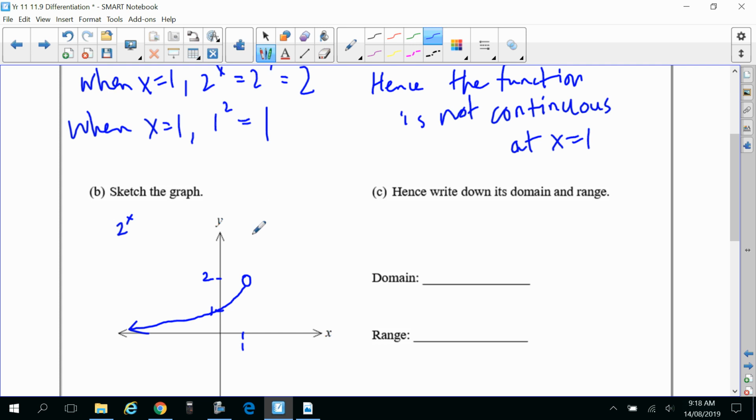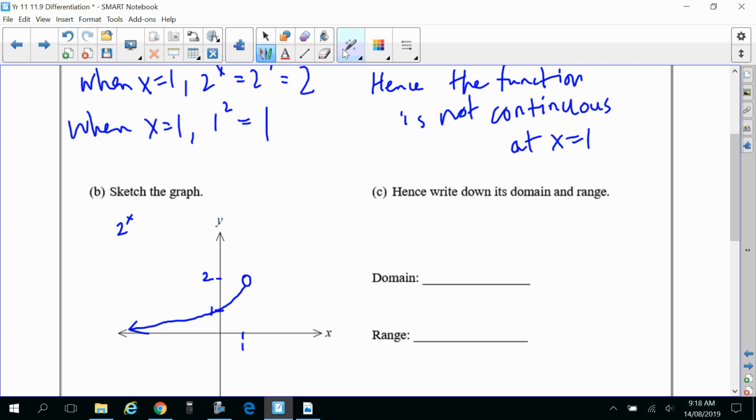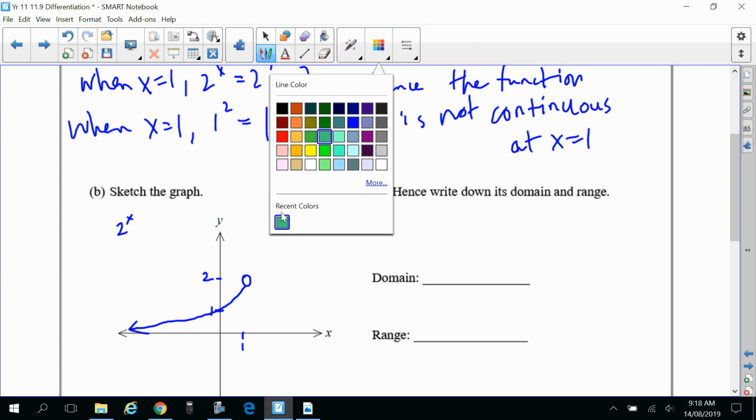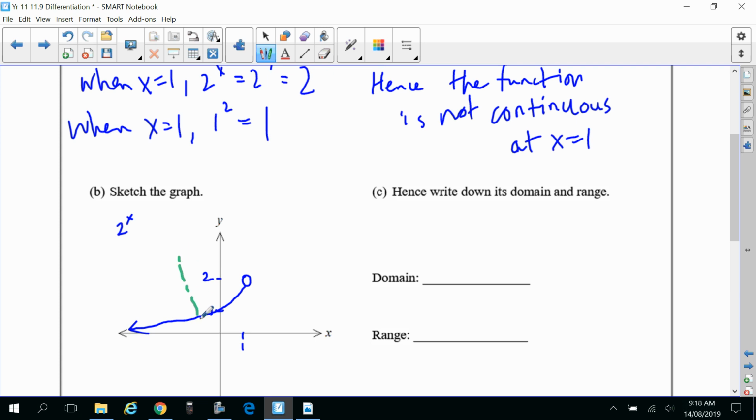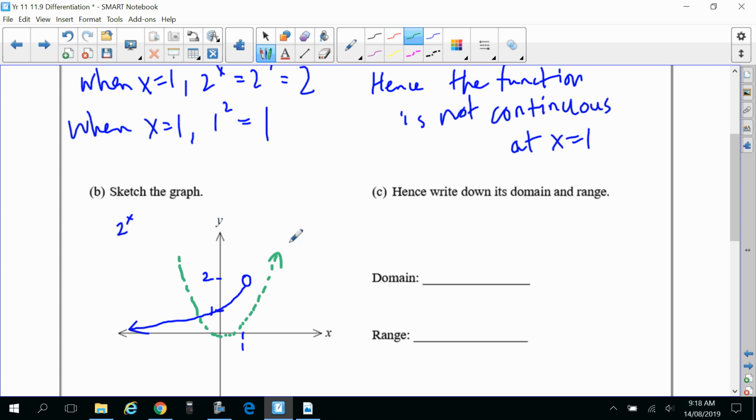On the other hand, you get a parabola. I'll draw it in a different color, green. You start drawing when x is more than 1, from this point onwards. Make sense?